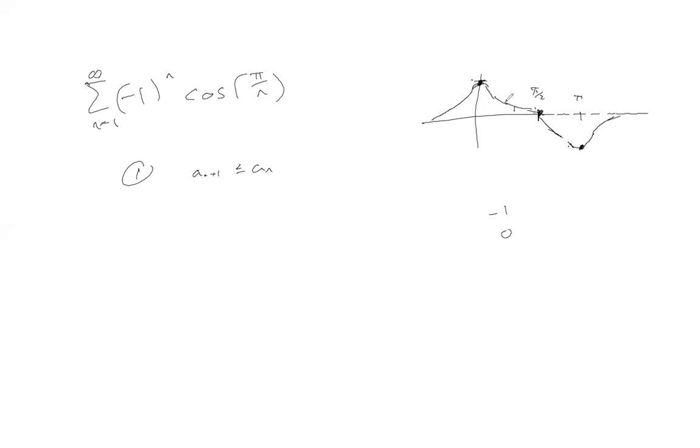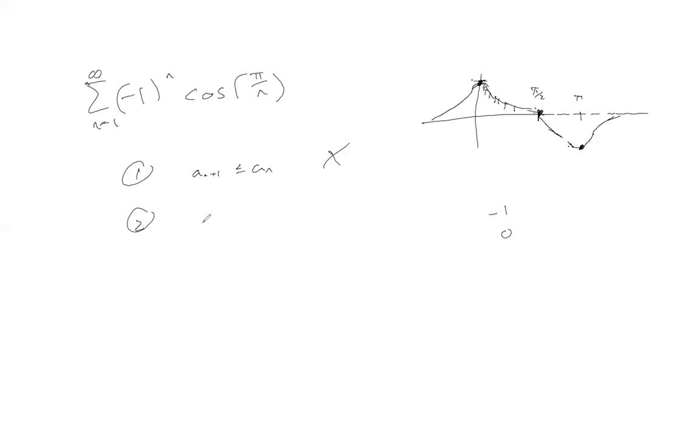So my function's actually increasing. I started at -1 and I'm increasing towards +1. So this condition doesn't hold. By itself this isn't enough to say my series is divergent. Remember what I said in the lecture video: if this condition fails, we know nothing.